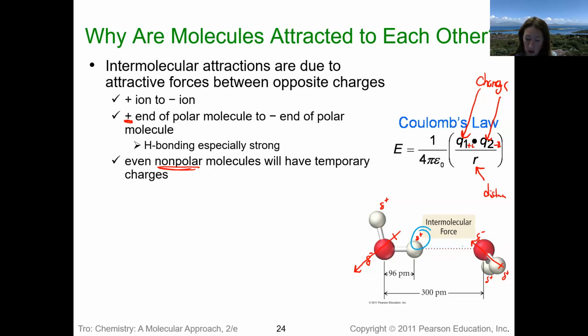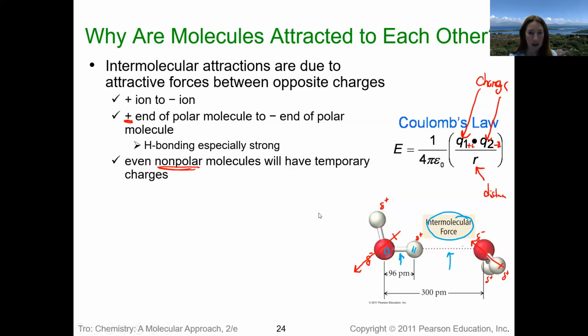So polar molecules are attracted to each other because the positive ends are attracted to the negative ends. Now, these intermolecular forces are between molecules. They are not bonds. This is a bond between an O and an H. That is a covalent bond. This is just an intermolecular force.